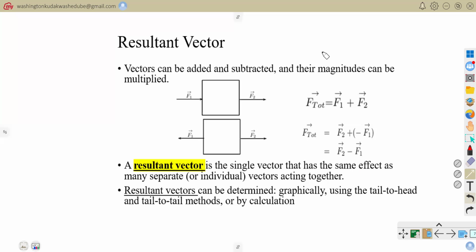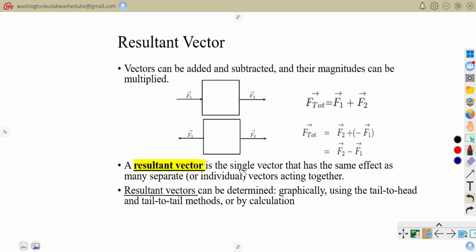And also we would know that their magnitudes can also be multiplied. But when you add or subtract vectors, you will get something that we refer to as the what? As the resultant vector.